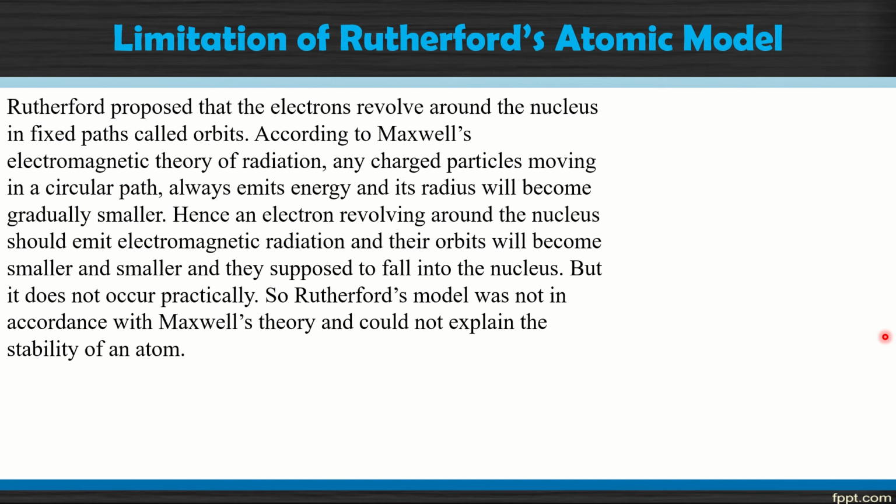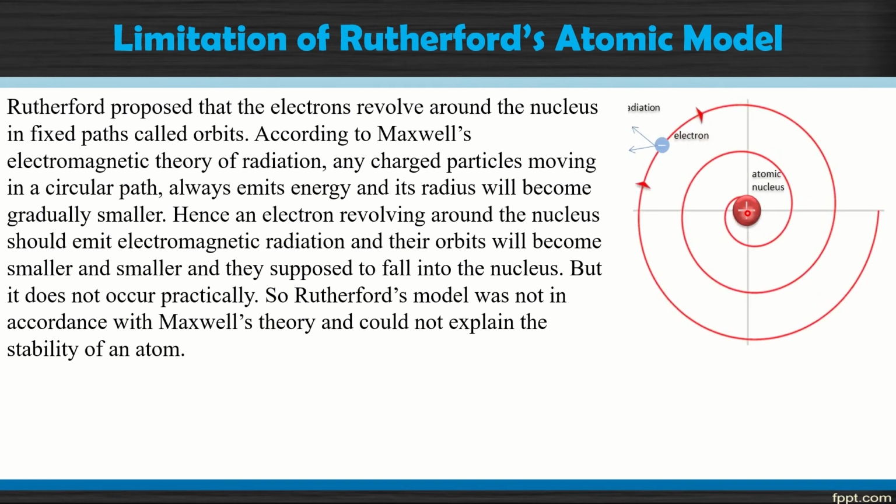Rutherford proposed that the electrons revolve around the nucleus in fixed paths called orbits. But according to Maxwell's electromagnetic theory of radiation, any charged particle moving in a circular path always emits energy, and its radius will become gradually smaller.